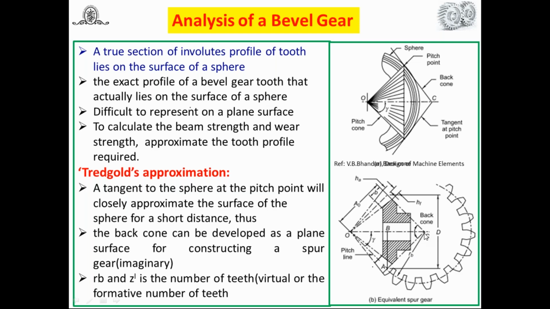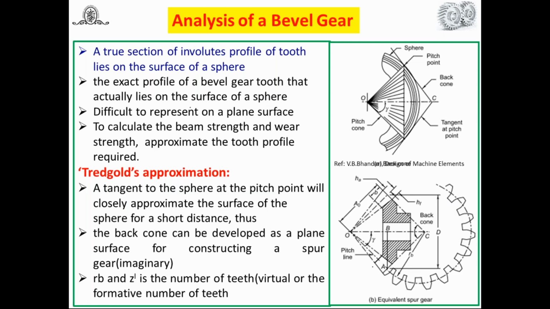Here in another figure, it is shown from this up to this is the pitch point. This is the tangent which is constructed as discussed earlier as per Tredgold's approximation, and from this one gear is constructed. This gear is an equivalent spur gear or a formative spur gear having radius RB.